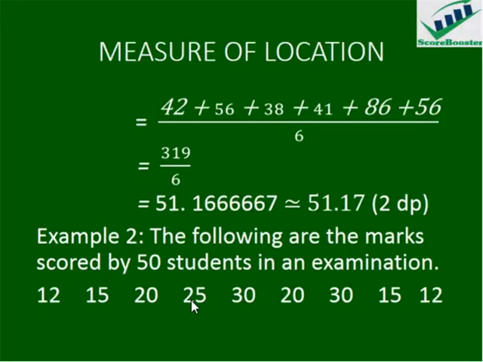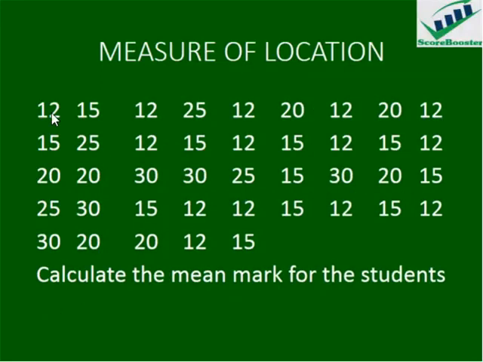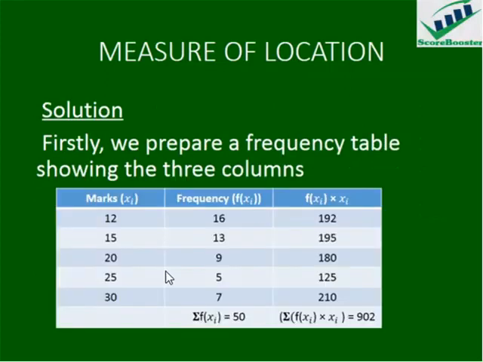So you just pick one of the scores to put in the item column. So we don't have any other number aside from 12, 15, 20, 25, and 30. So that is all in your item column. You can see xi, item column.